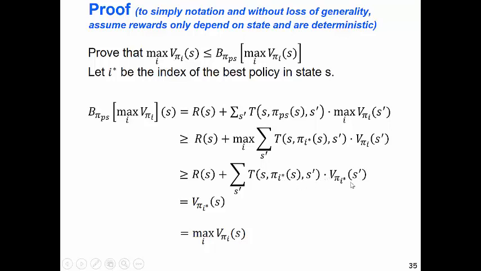And then this is just the value function expression for pi I star, and by our definition of I star, that's equal to the max policy value. So these are just basic inequality steps, and that's all there is to that proof.